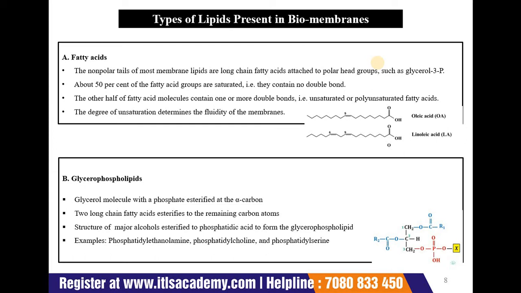Examples of these glycerophospholipids are phosphatidylethanolamine, phosphatidylcholine, phosphatidylserine. They play a major role in metastatic cancer cells, where they are generally ether-linked lipids. Their role is suggested in the invasive properties of these cells. That's why they play a very important role in metastatic cancer cells.